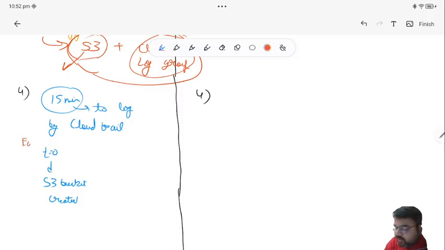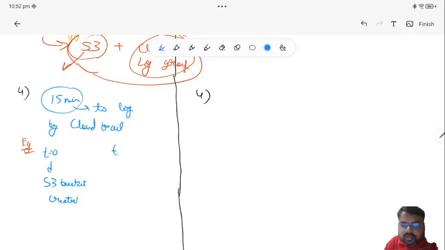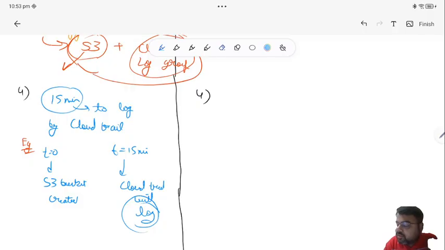At t equal to 15 minutes, CloudTrail will log our events. Typically, CloudTrail delivers the events within 15 minutes of the API call happening. So if any user action is performed and you need to see the CloudTrail logs, usually look after 15 minutes, either in the S3 bucket or in the CloudWatch log groups.